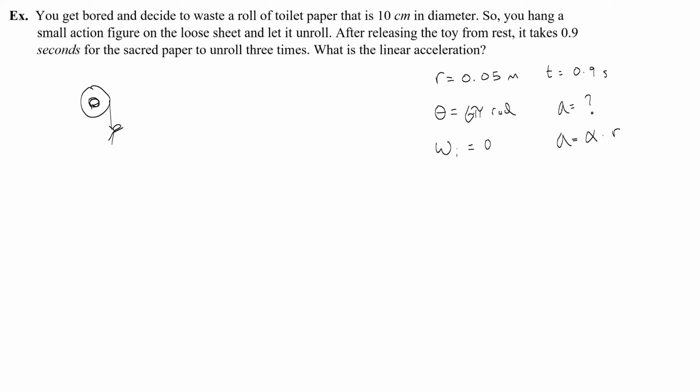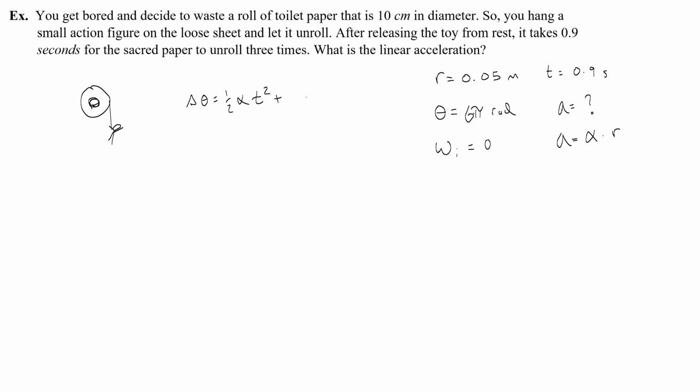All right, then to find the angular acceleration, I would use the equation with theta, alpha, and omega naught. Again, remember that we can say delta theta is effectively theta as long as our initial angular position is 0. Okay, the initial angular velocity is 0, so that whole term disappears.